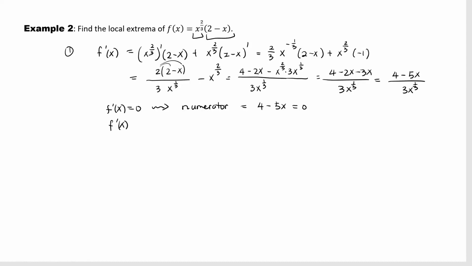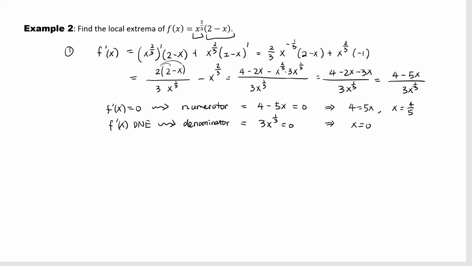When do you get f prime does not exist? That corresponds to the denominator being 0, which is 3x to the 1/3 is 0. So from this one we get 4 equals 5x, so x is 4/5. Here we get x is 0.